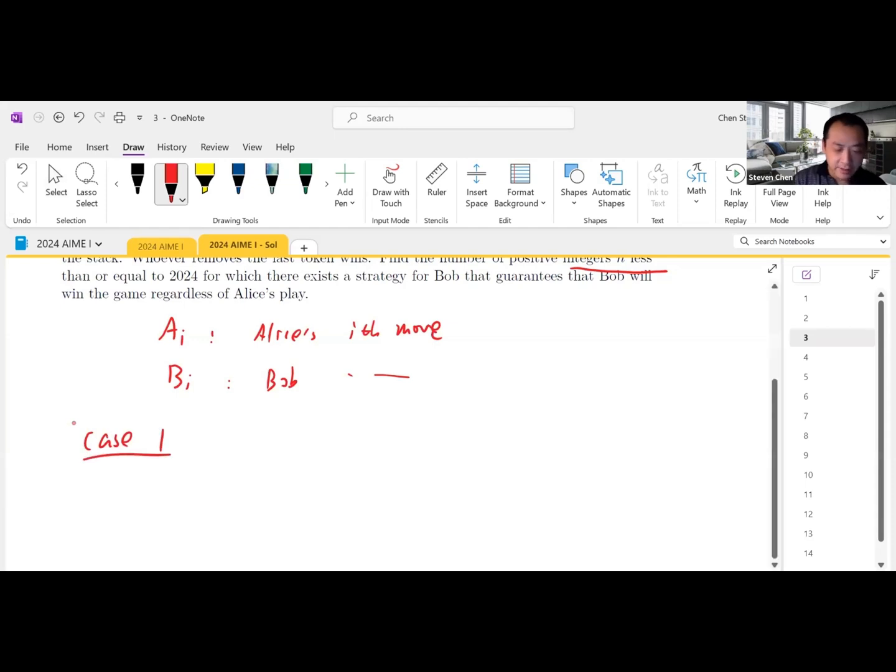For the first case, it is for n that is a multiple of 5. Actually, for this scenario, Bob can easily come up with the always winning strategy. How it works? For each ith move for Alice and Bob together, Bob can always play the strategy that b_i is equal to 5 minus a_i.